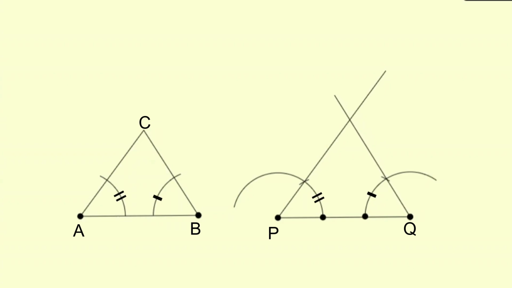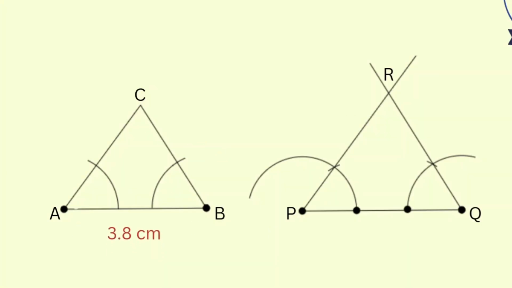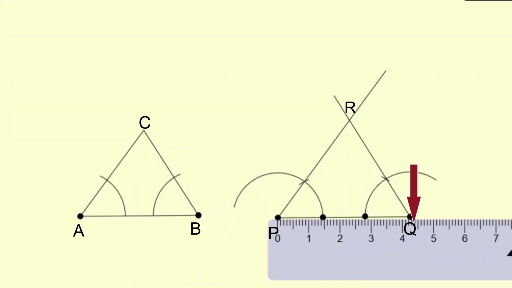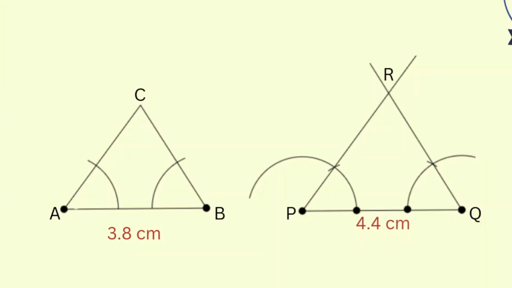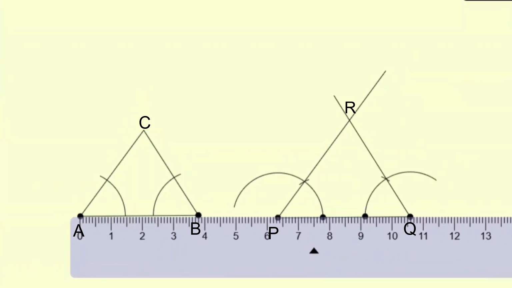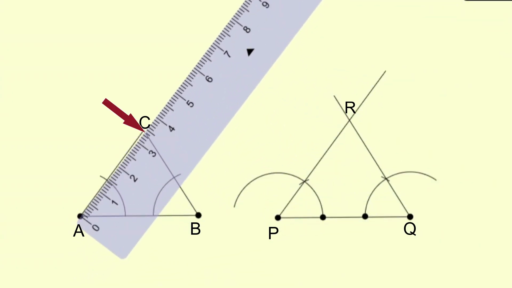Our triangles are ready. Let's measure the length of the sides. AB is 3.8 centimeters. Let's measure PQ, which is 4.4 centimeters. Now we measure AC. Length of AC is 3.4 centimeters.